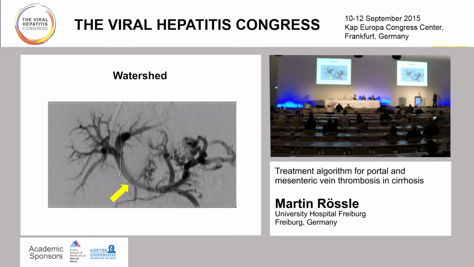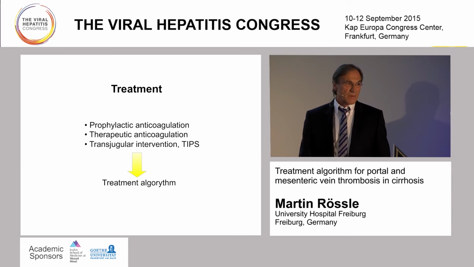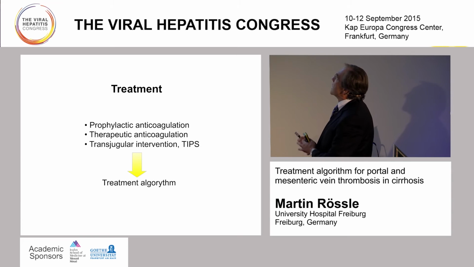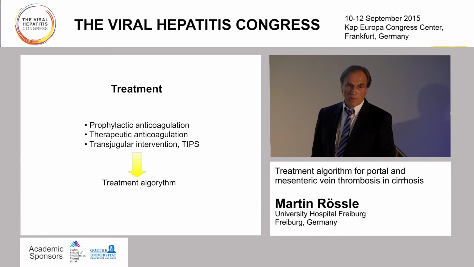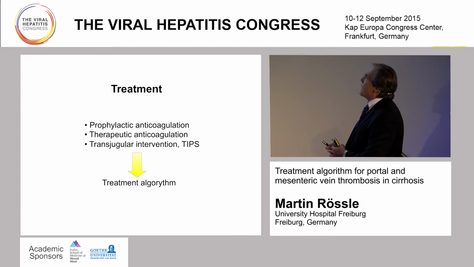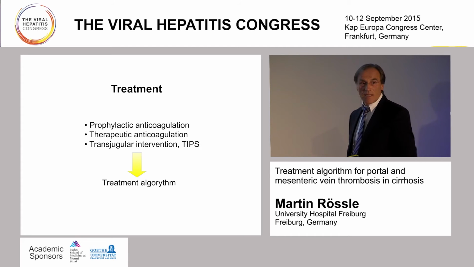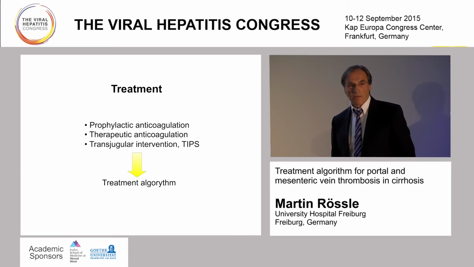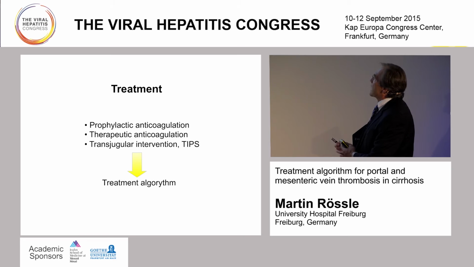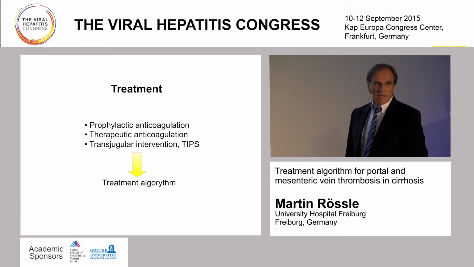So after these few introductory remarks, I will come to my presentation on treatment of portal vein thrombosis. There are 3 levels of treatment. The first is the prophylactic anticoagulation before thrombosis occurs. The second is the therapeutic anticoagulation, when thrombosis is present.